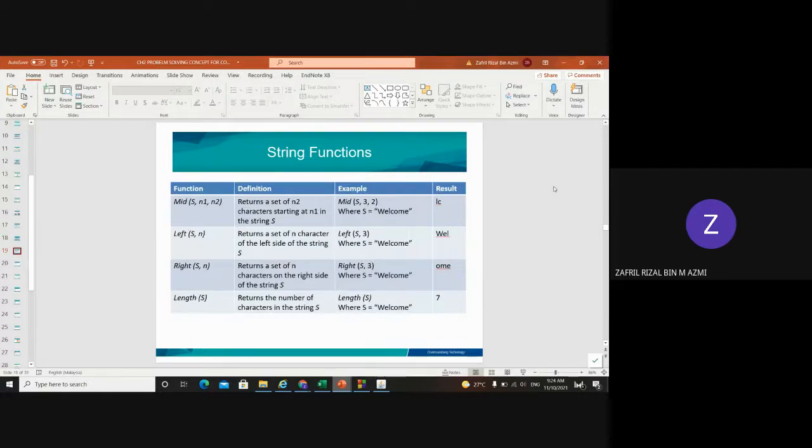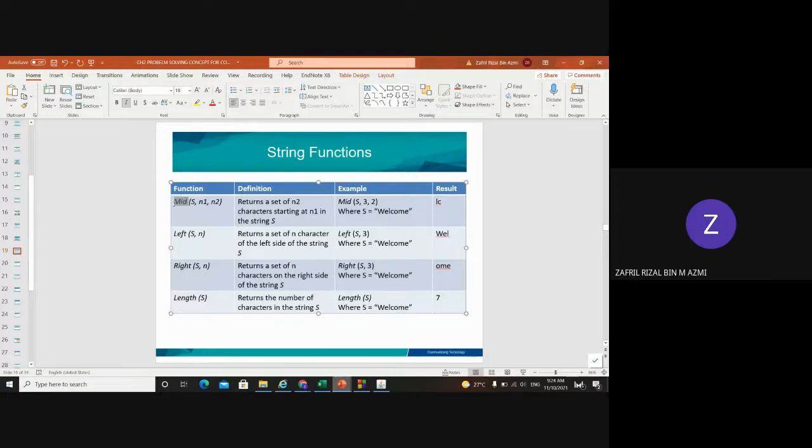Okay, string function. For example, if you want to manipulate your string value, say for any reason you want to get LC from welcome, what function can you use? You can use the mid function.